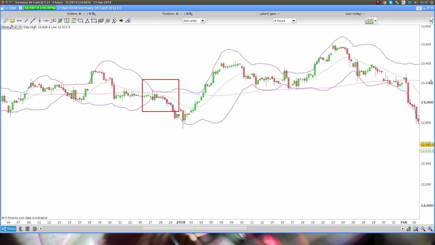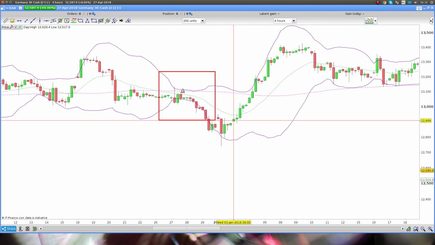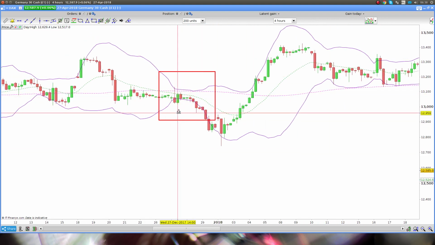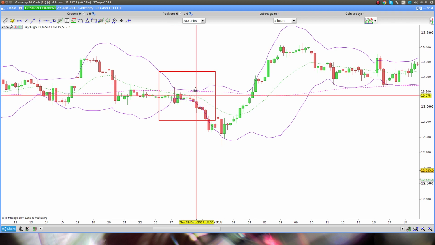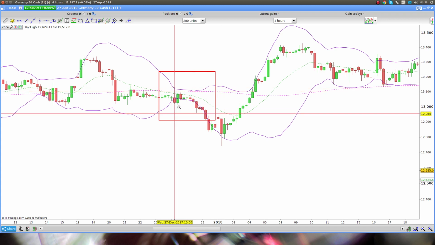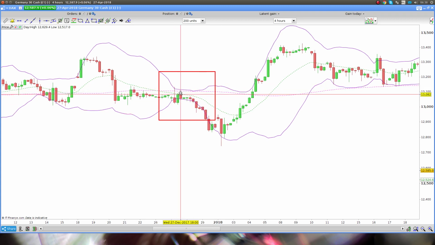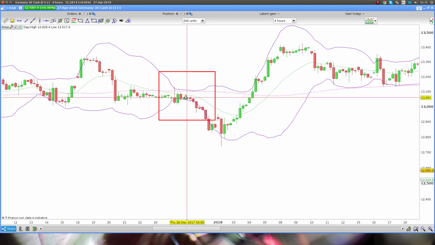And that is an indication that something's about to happen and we're about to move in a direction. Okay, it's difficult to ascertain which direction we're going to go. So you need to use a number of other clues to try and figure out which way you're going. But when you see this, the warning is there. So you need to be ready for the move, and you need to try and figure out which way that move is going to be.